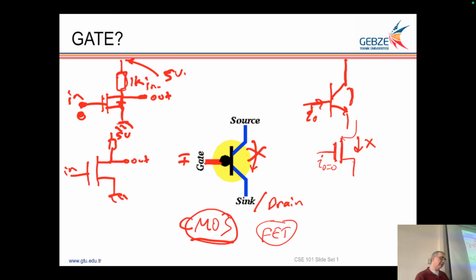So this is a transistor. If I give 5 volts from here, this transistor starts conducting. It becomes semiconductor to conductor. So it is connected. So what will be the output voltage?